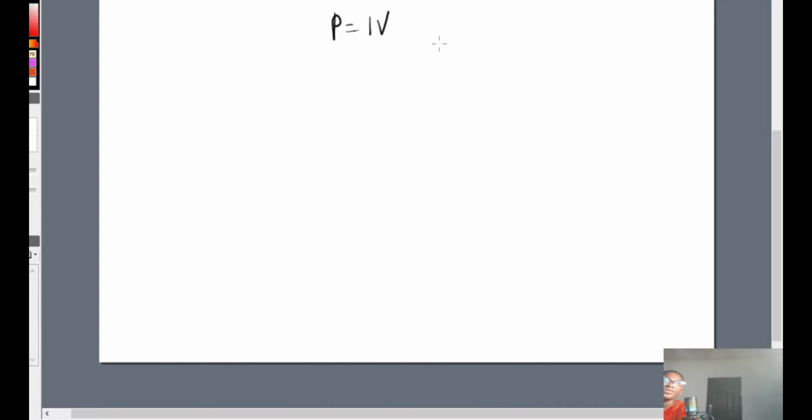IV, right? And don't forget your I is equal to what? Q divided by time, right? And what is your V? Your V is equal to what? E, right, divided by the charge, Q. You can also call it J divided by C.